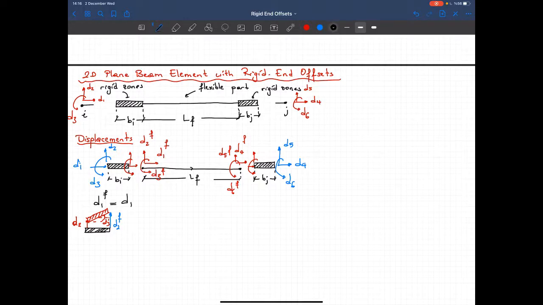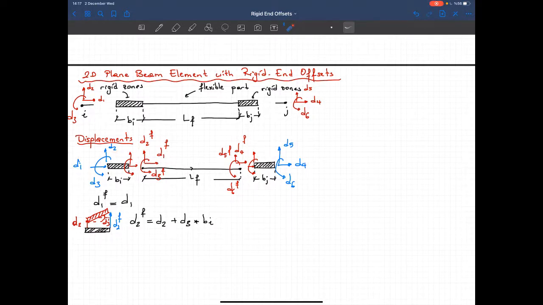Then I can write the following relationship: d2f is equal to d2 plus d3 times bi. Because of having this translation and having a rigid member, this displacement should be larger than d2. That's the relationship between these 2 degrees of freedom.